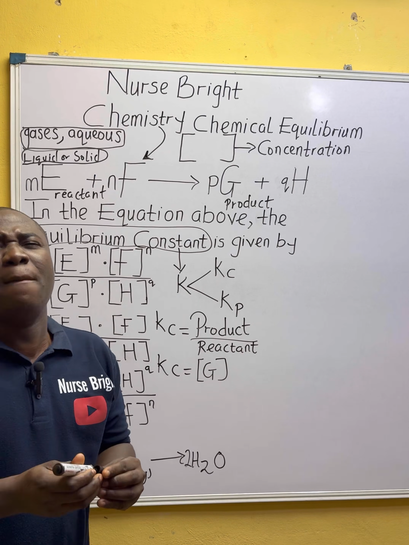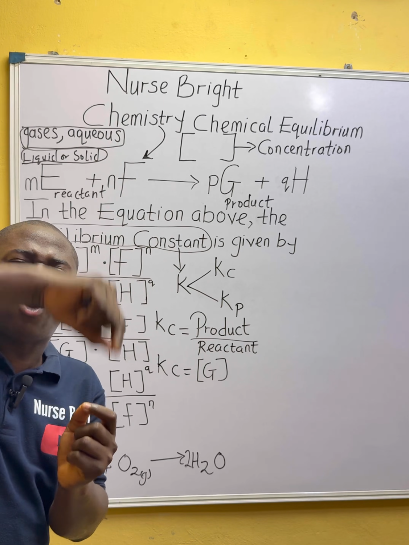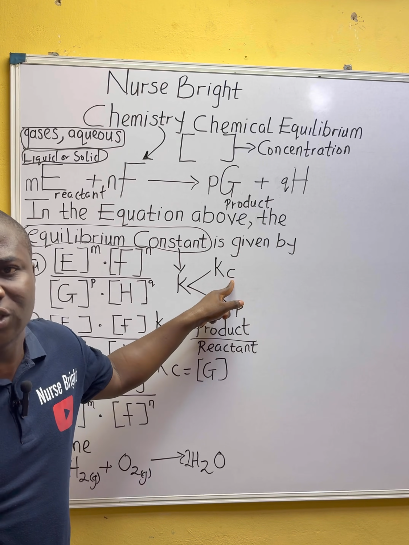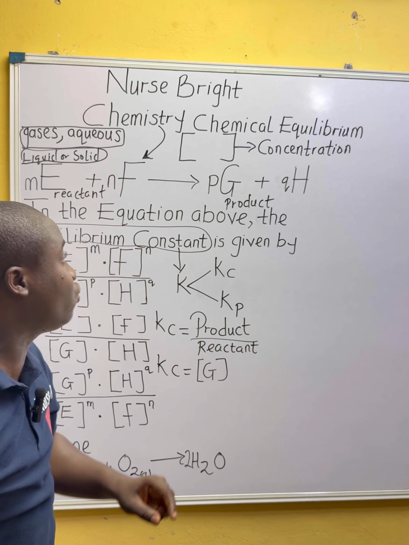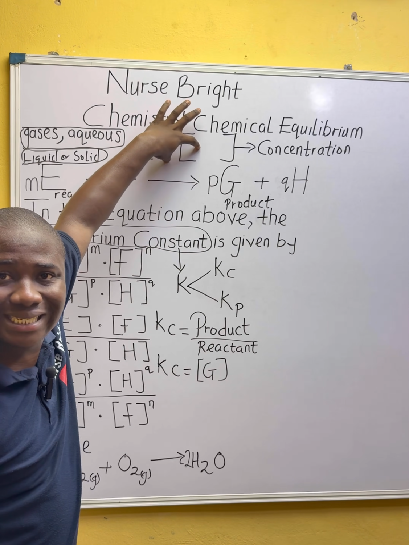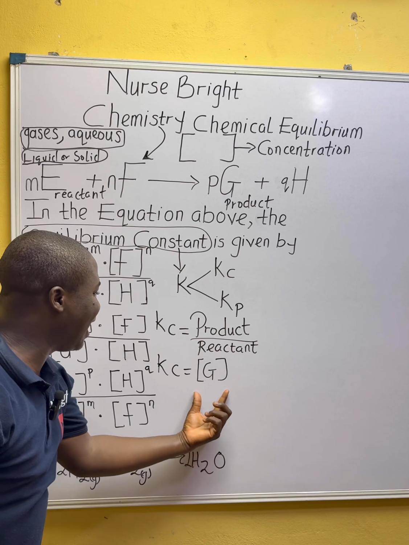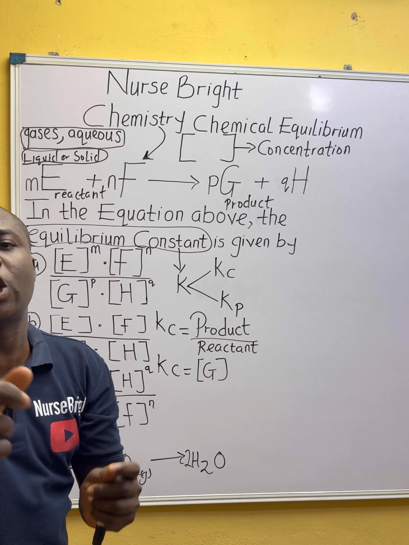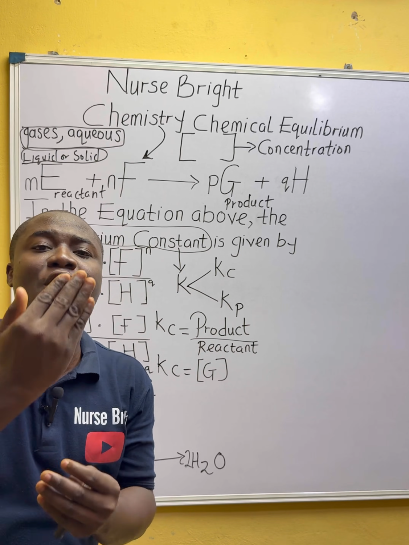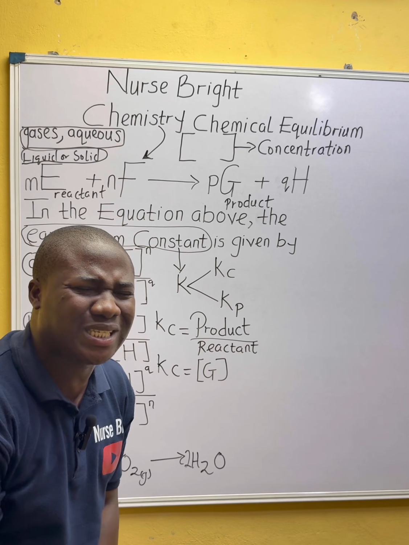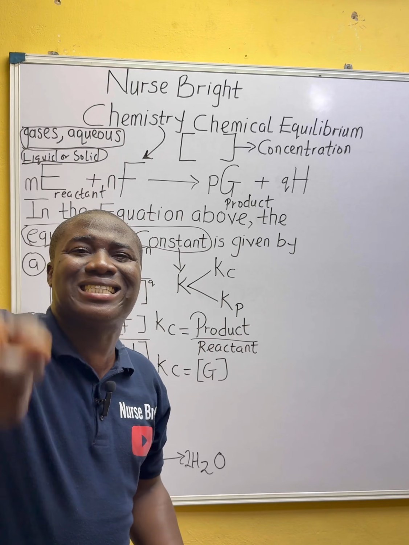Kc simply means equilibrium constant, written in terms of concentration, and concentration in chemistry simply means these brackets you are seeing here. So you can see we've written for one of the substances. Now let me tell you, the number or letter standing in front of that substance should be raised as the power.